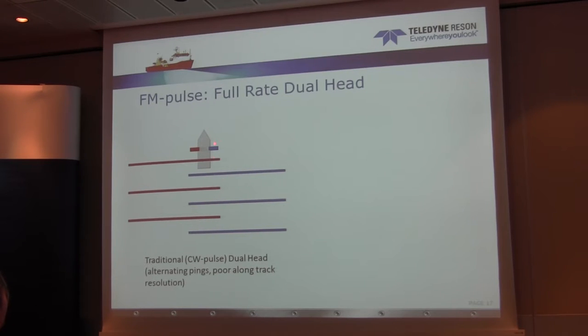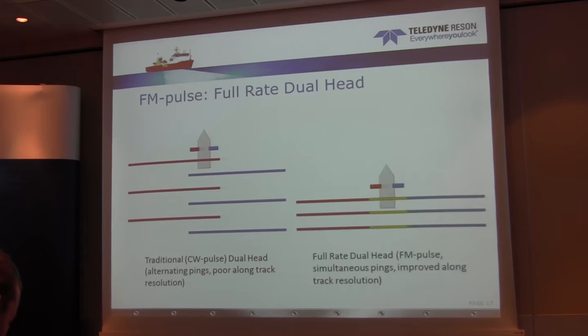You can only achieve it near nadir where the two swaths overlap, and you skip a ping every time. By using full rate dual head, it can discriminate which echoes come from which sonar head, so you actually have the same along track resolution across your whole swath. That may be the issue you were talking about, of going into CW mode or dual head and losing your ping rate.